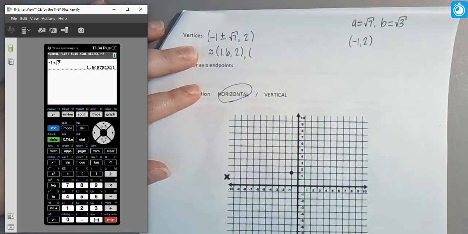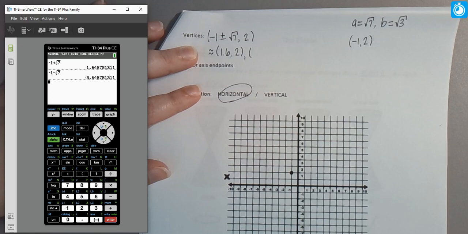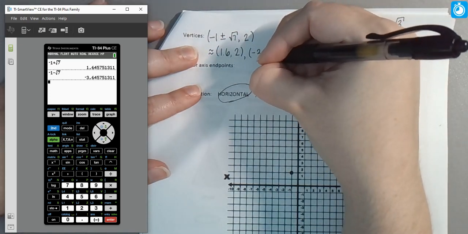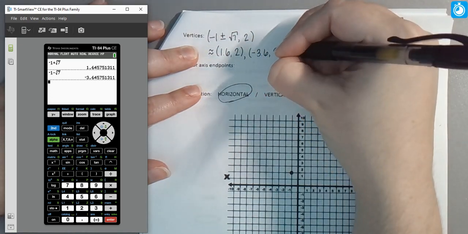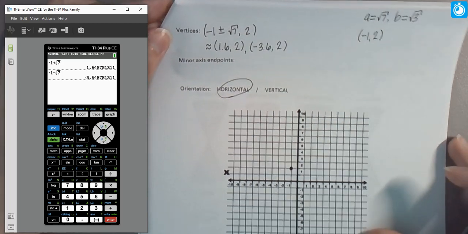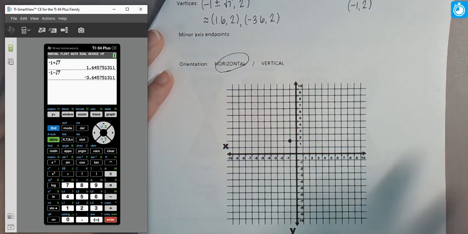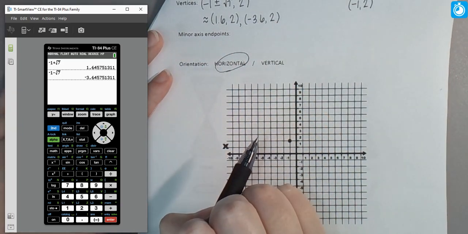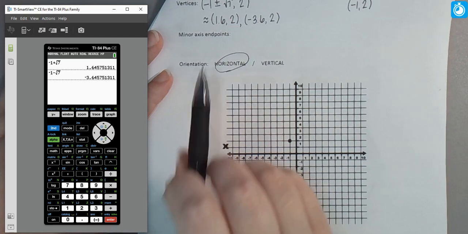Now we also have a vertex with an x-coordinate of -1 minus the square root of 7, which comes out to about -3.6, and then 2. So that's how we're going to graph. So notice again the y-coordinates are the same. What changes is the x-coordinate.